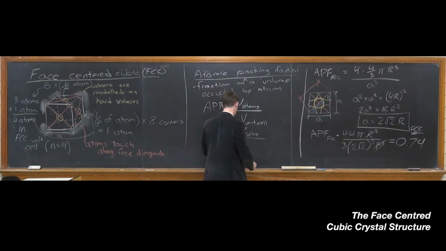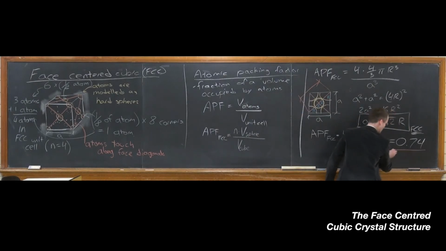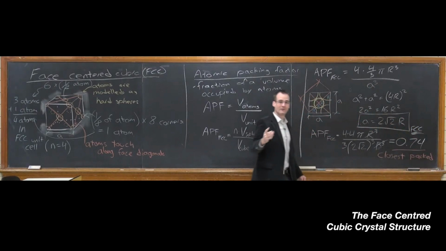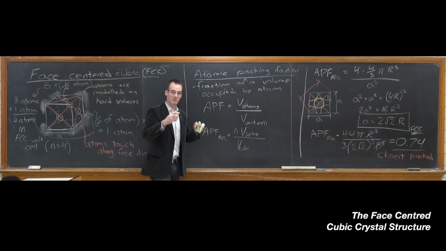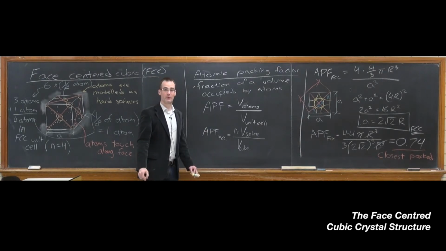An interesting point is that 0.74 is actually what we call closest packed. So you could devote the rest of your lives to packing balls into a box and never, as long as the balls are the same diameter, get more than 74% of the volume packed with spheres.